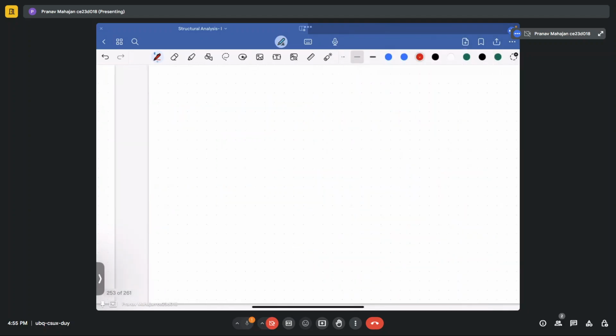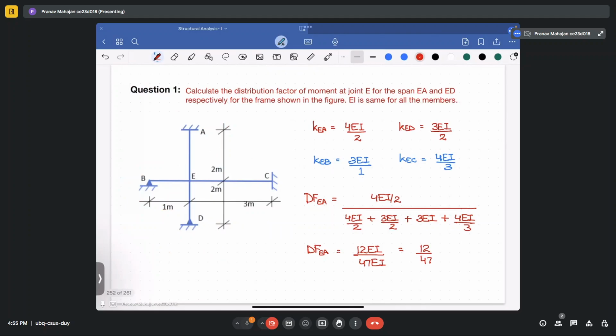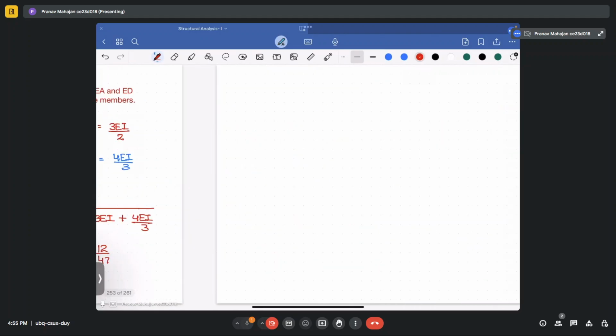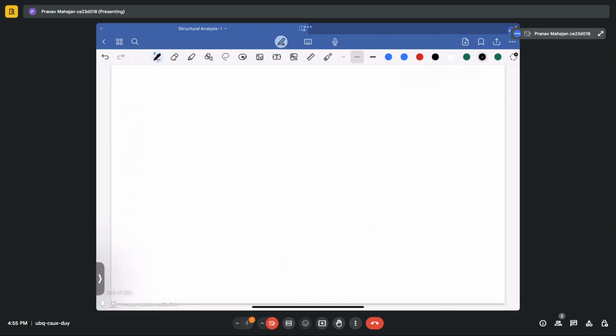Now we are required to calculate for ED. So for ED, how we will calculate? So distribution factor for ED will be equal to 3EI upon 2 divided by the total.